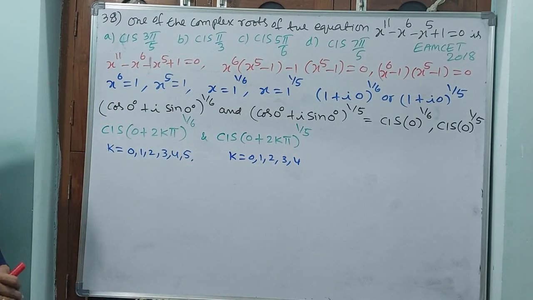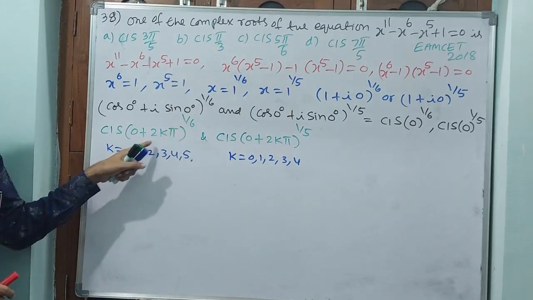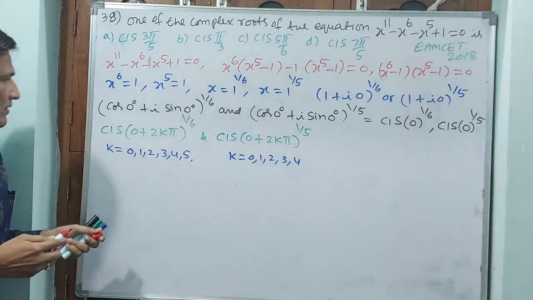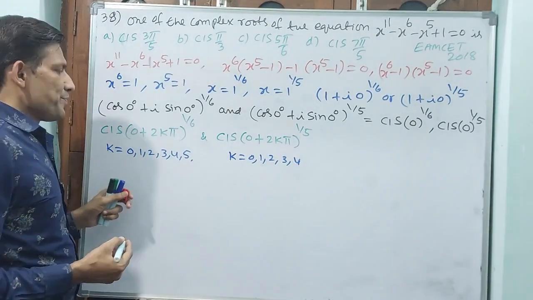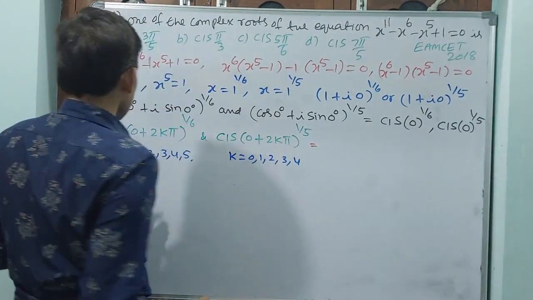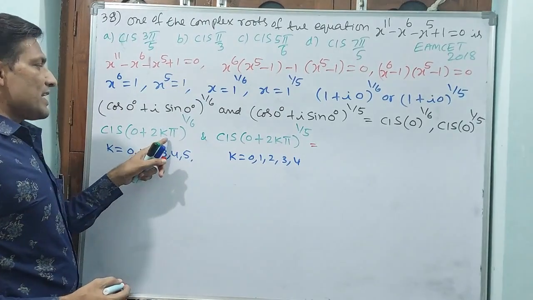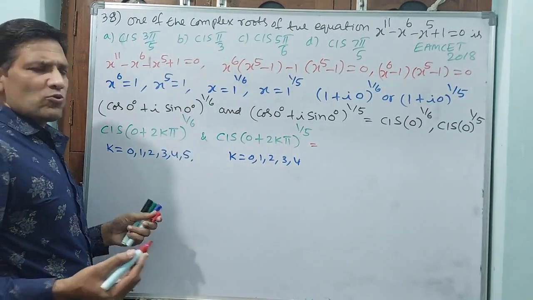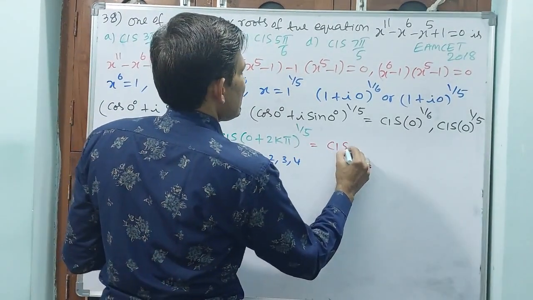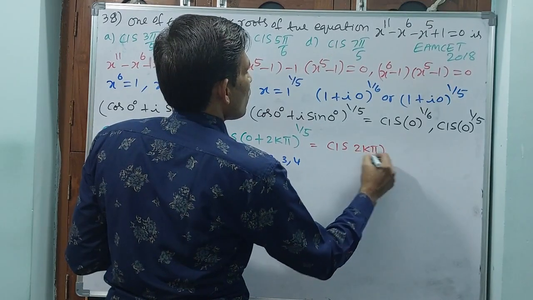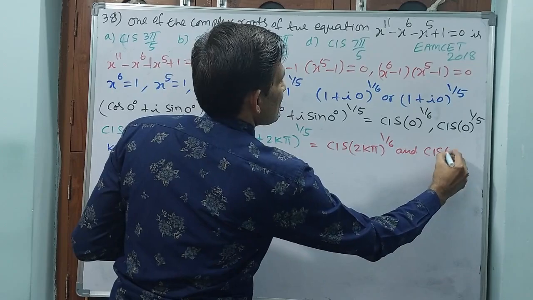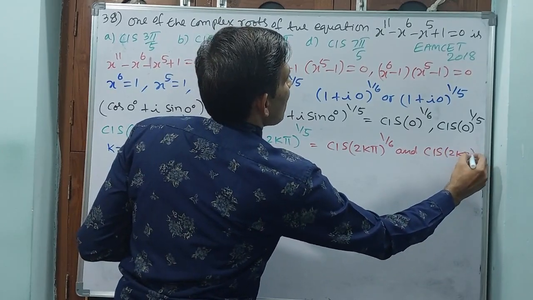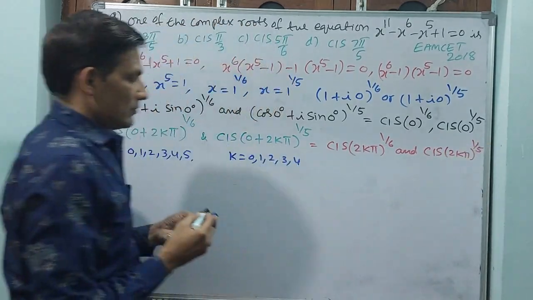Okay? But you see, 2k pi is there. That is equal to, shall I write CIS 2k pi? Why? Because 0 plus 2k pi is 2k pi only. Okay? CIS 2k pi to the power of 1 by 6 and CIS 2k pi to the power of 1 by 5. Okay?